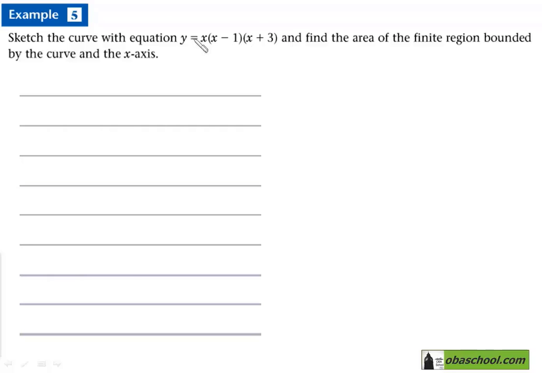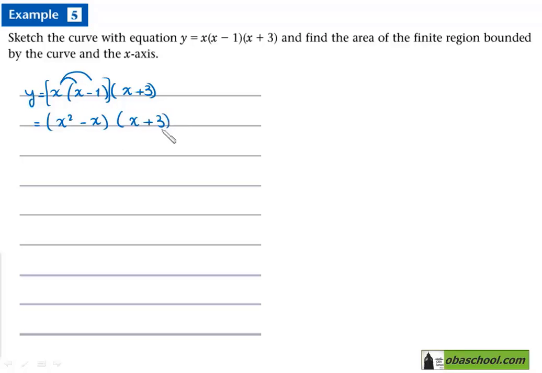So let's expand. Given function y equals x into x minus 1 into x plus 3. When we expand, we multiply the first two terms together, so x squared minus x, multiplied by x plus 3.